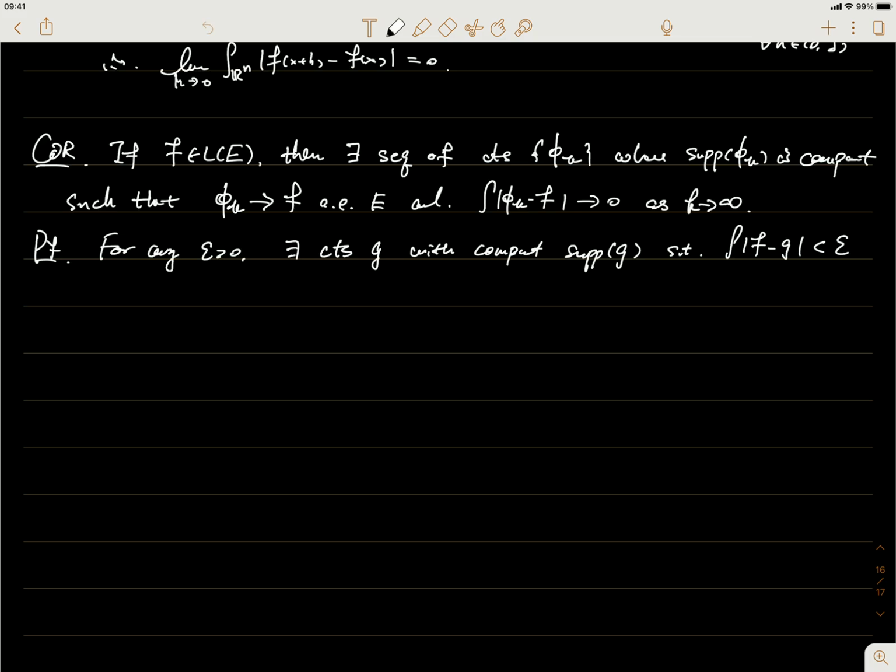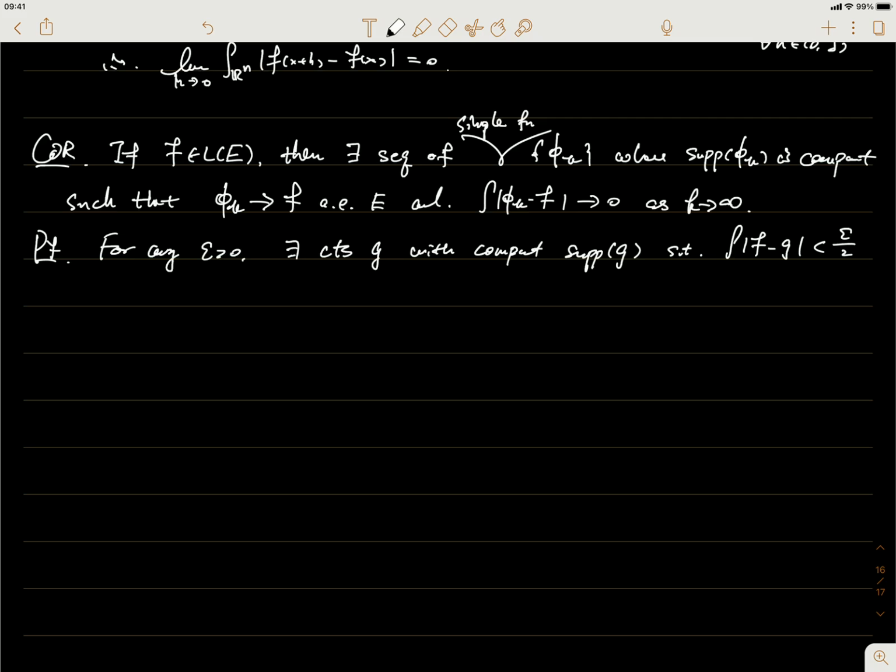Let me use half epsilon here. Sorry, here it should be simple functions, simple function with compact support.